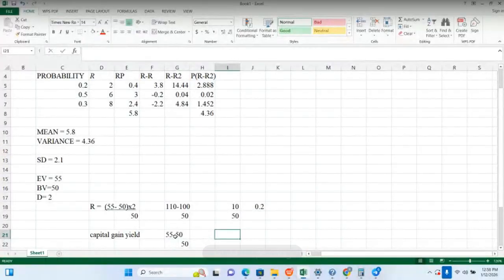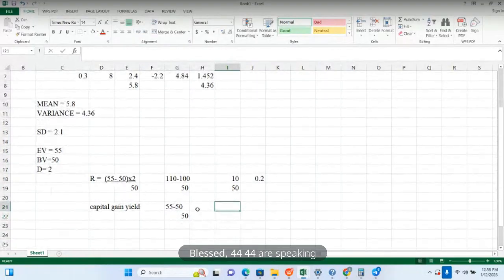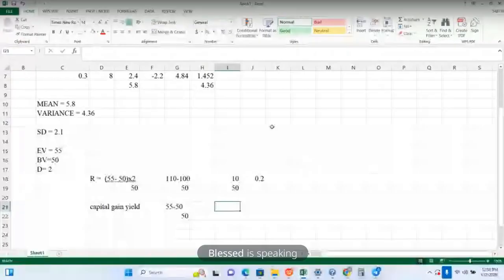I didn't write out the formula for this capital gain yield. It's just like the other one we did the other time.